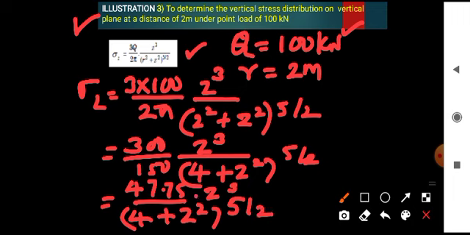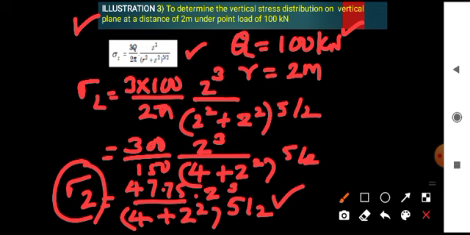Okay, 47.75 into z cube divided by 4 plus z square to the power of 5 by 2 will be the final form of this particular equation. Now in this equation, we will substitute different values of z, that means the depth, and evaluate the value of sigma z, that is the magnitude of vertical stress.